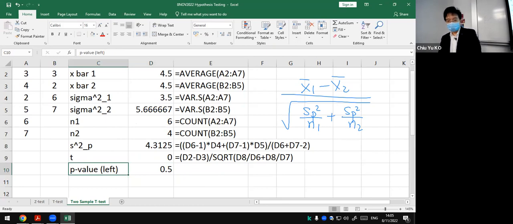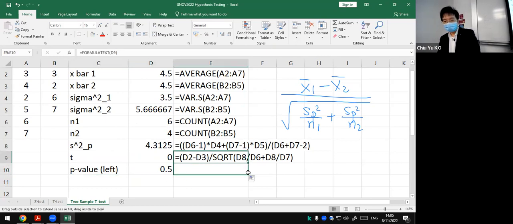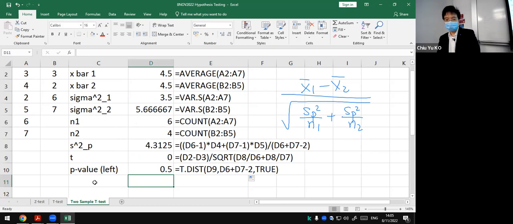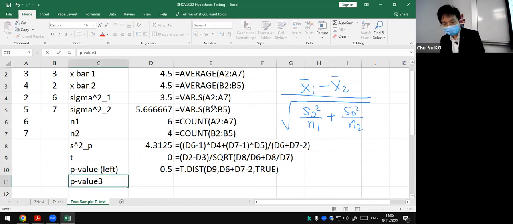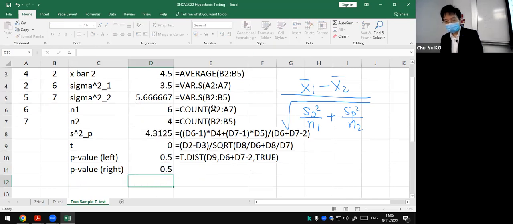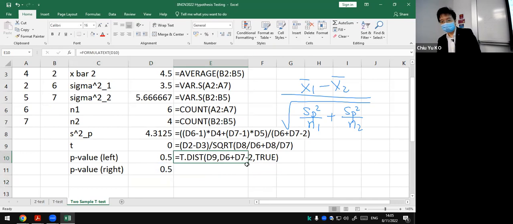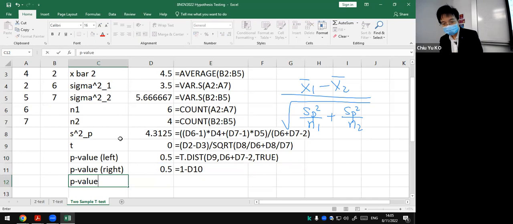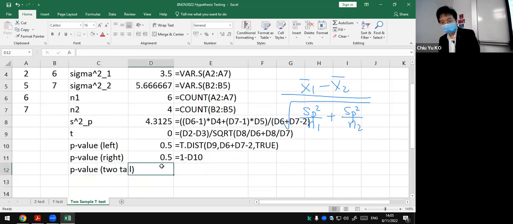And you can do the same for the right-hand side, right, and both tails, okay? Then you can also do the p-value, which is 1 minus this guy, right? This is also the right tail. Okay, and then you can do the p-value of 2 tails, okay, which is given by 2 times the minimum of these 2.